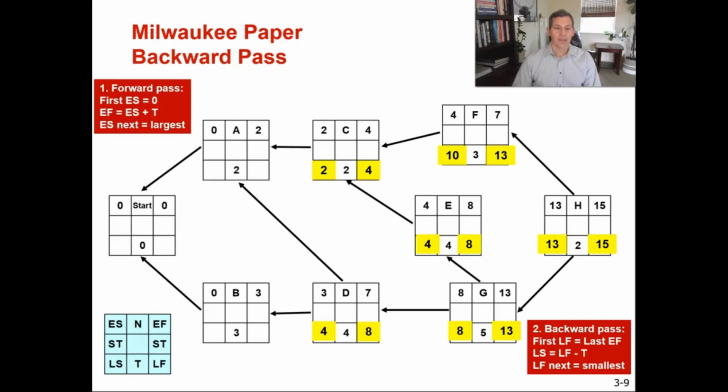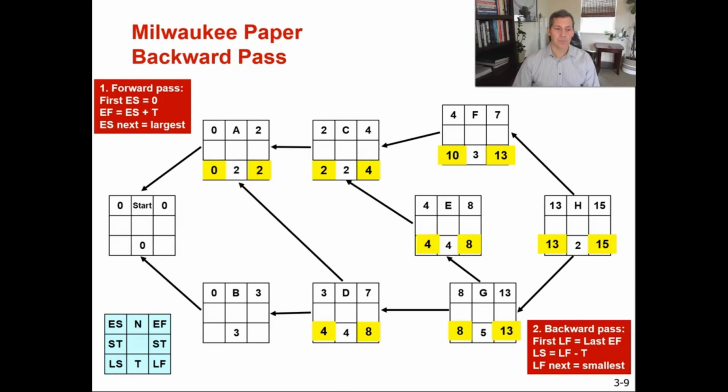You've got your LS in activity C of 2 weeks, and you've got your LS in activity D of 2 weeks. So you need to pick the smaller of the 2 LS's. And for activity A, that would be activity C of 2. So now you're simply going to take 2 minus 2 equals 0.